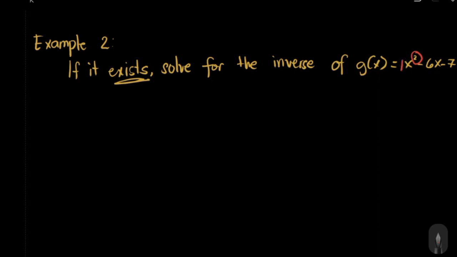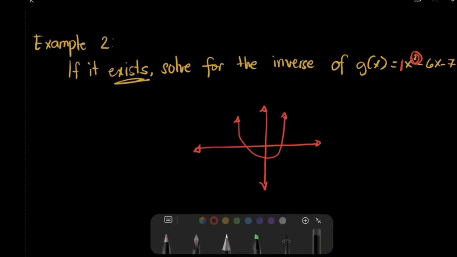So, this is the Cartesian coordinate plane. Ang graph aning exponent na 2 and 1 ang coefficient na x squared is a parabola opening upward.